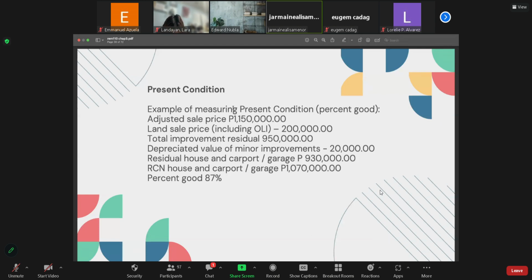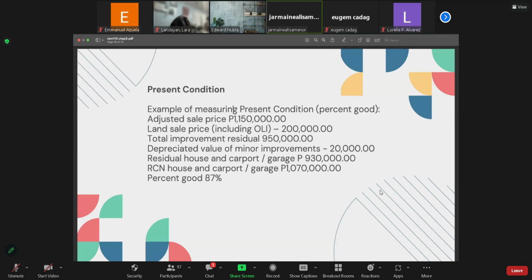Next, subtract the price paid for the land and other land improvements from the adjusted sales price to arrive at an indicated total improvement value. Subtract the depreciated value of other land improvements to find house and attached garage value only.